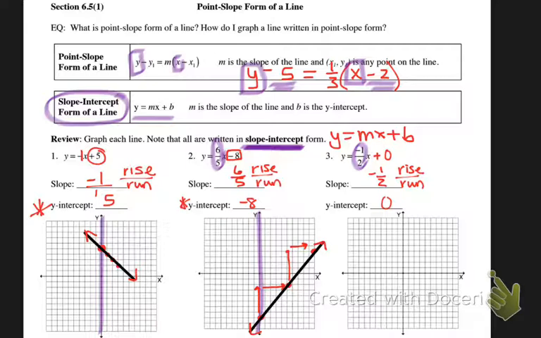So that means on our y-axis, we have to make our y-intercept right at 0. Then we're going to do rise over run. So we go down 1 over 2, down 1 over 2. Once I have a couple points, then I can connect them, draw my arrows, and there's your line.